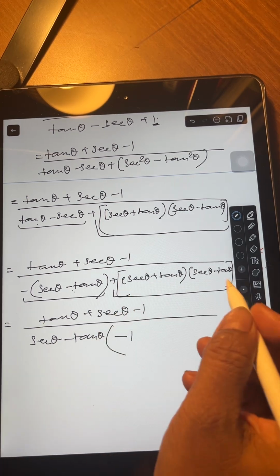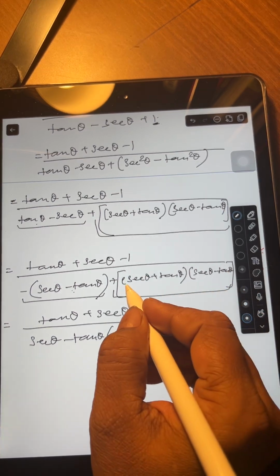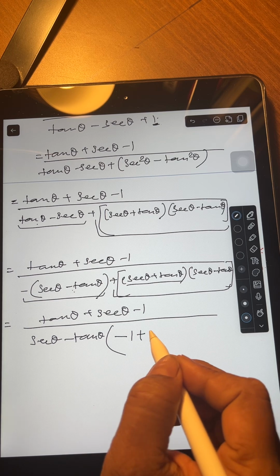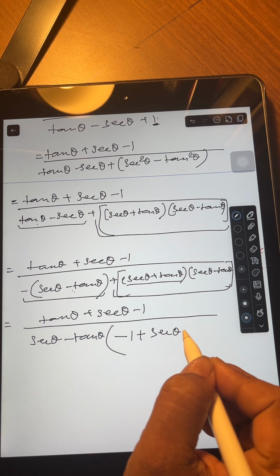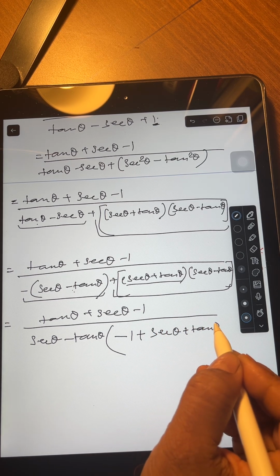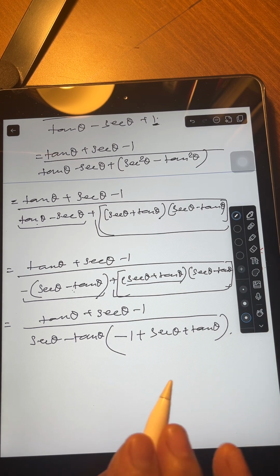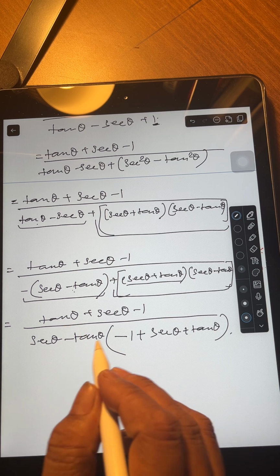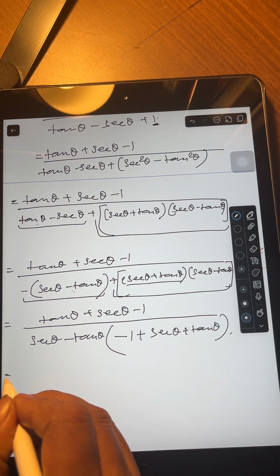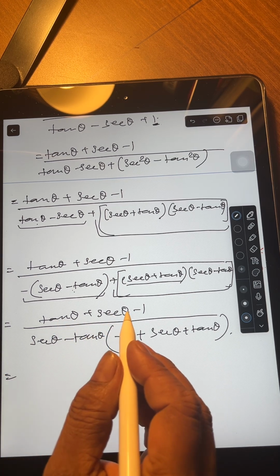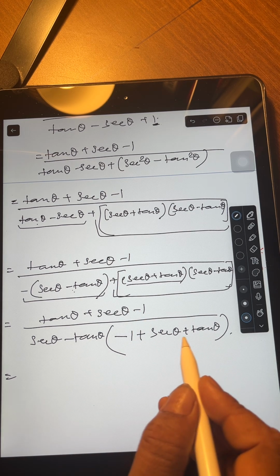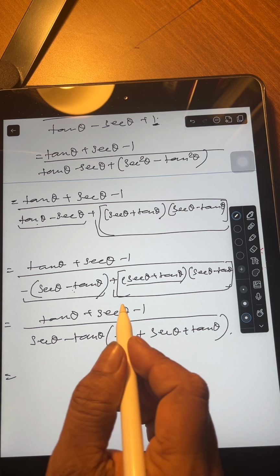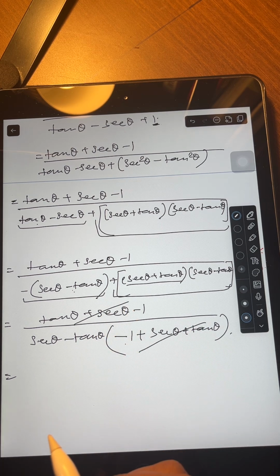And in this term, this portion is remaining, so I can write plus secant theta plus tan theta. Clear? Okay. Now you see tan theta plus secant theta minus 1, tan theta plus secant theta minus 1. Here it is into. So I can cancel both of these.